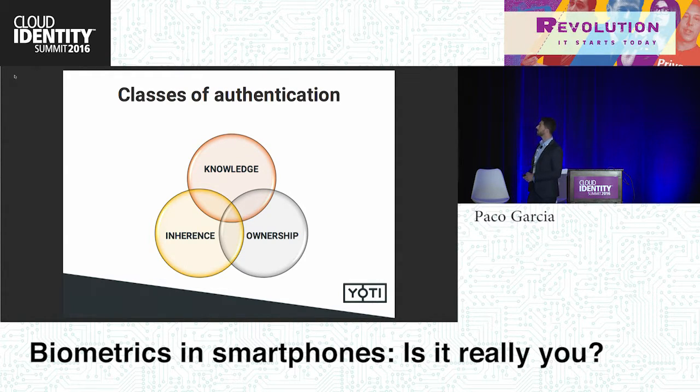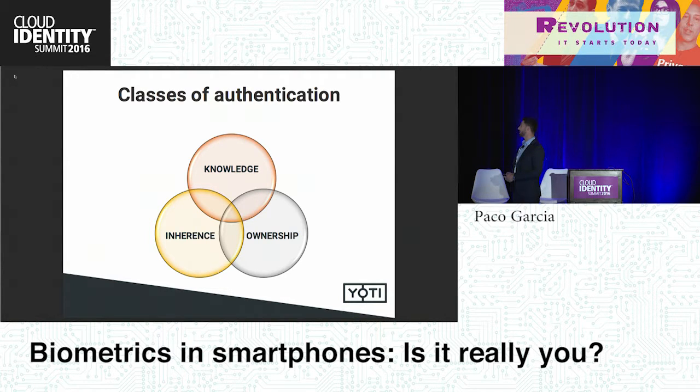On the knowledge side, an identification could be something like your username or email address. The way you authenticate is with a secret, something that only you know. That could be the typical password or the PIN code or an answer to a security question. It has its disadvantages: you could forget a password, or it can be phished. And it has also some advantages: it can be kept secret, and it can also be changed.